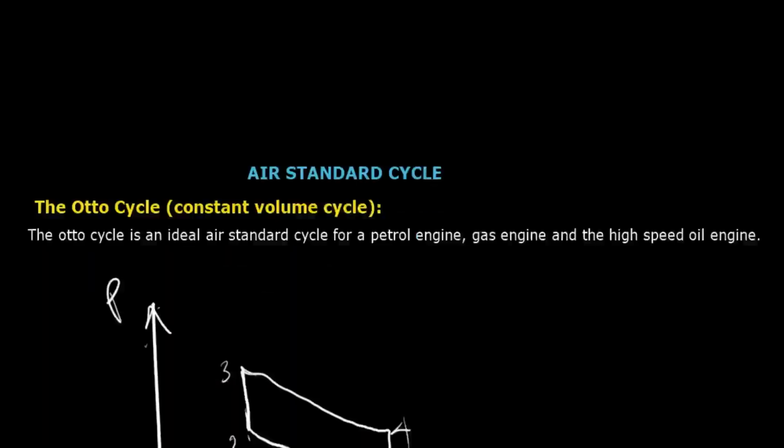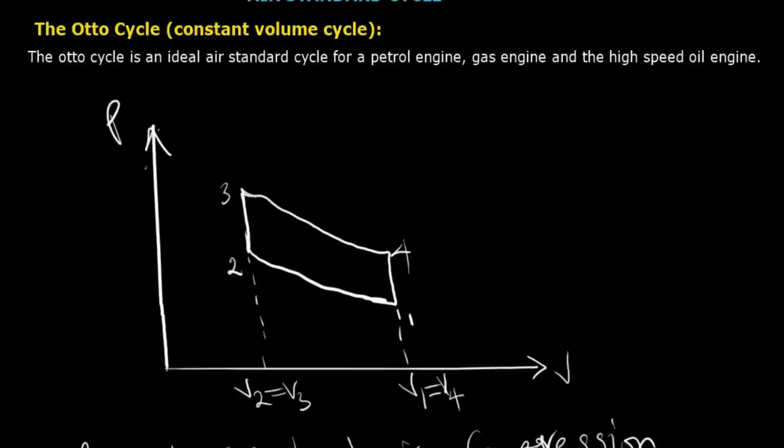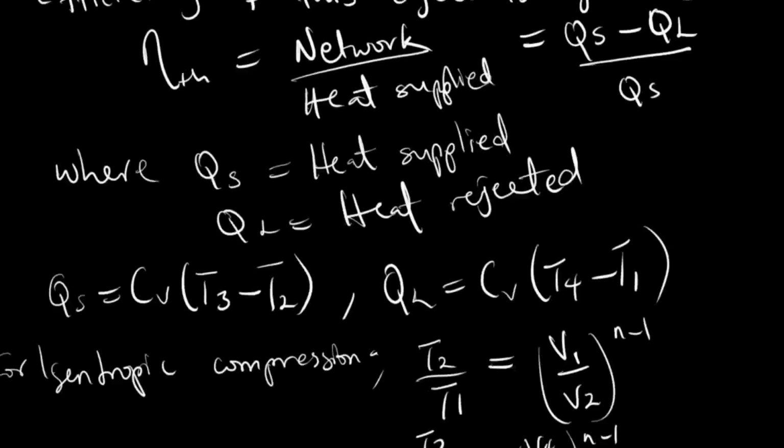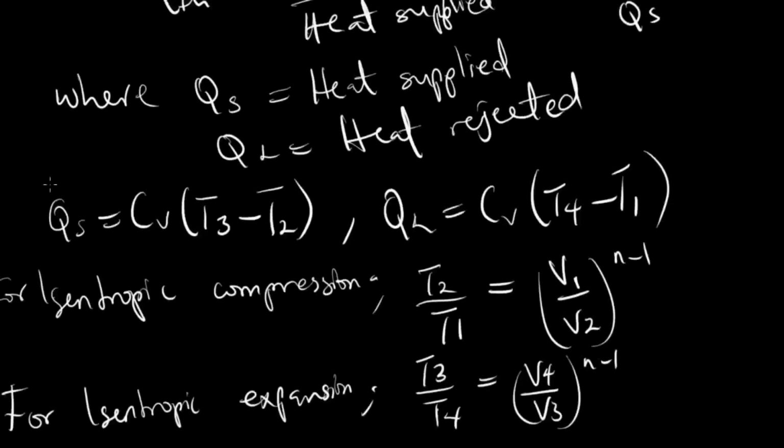So look at the diagram. V1 is equal to V4, and V2 is equal to V3. If we impute that and play around with the formula, we have that.